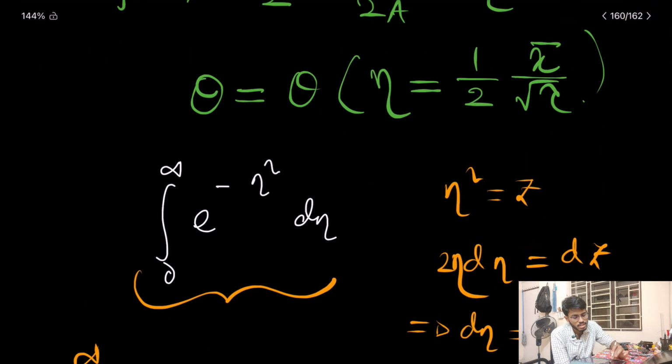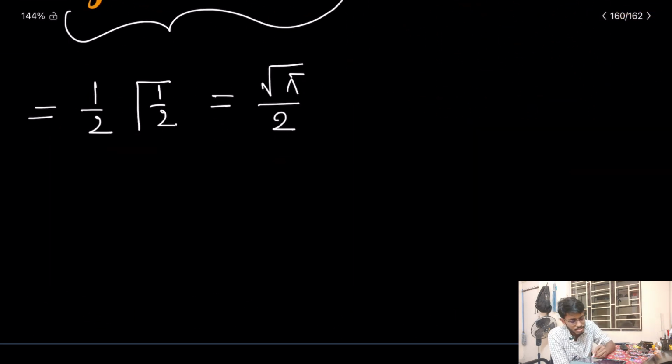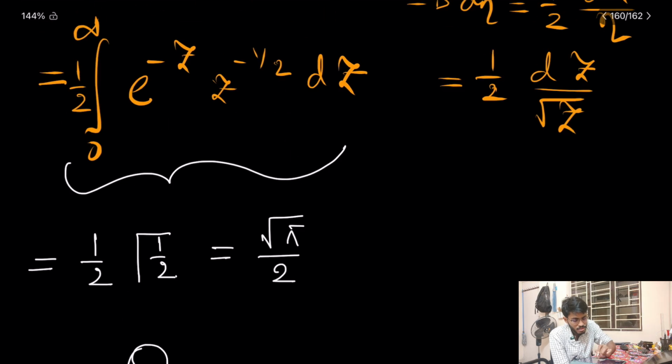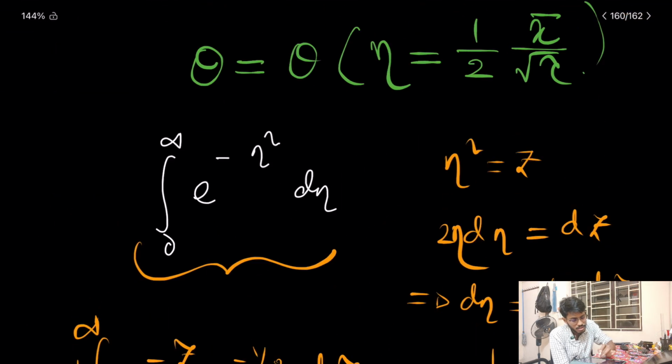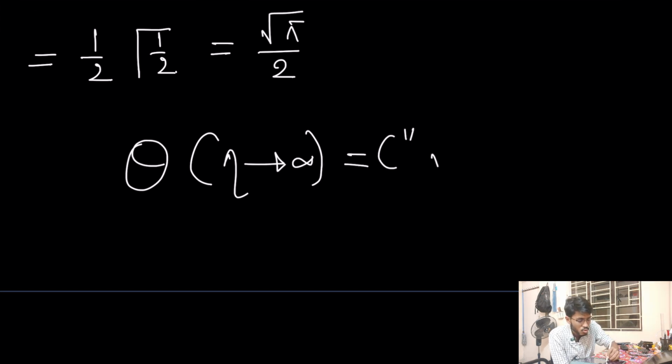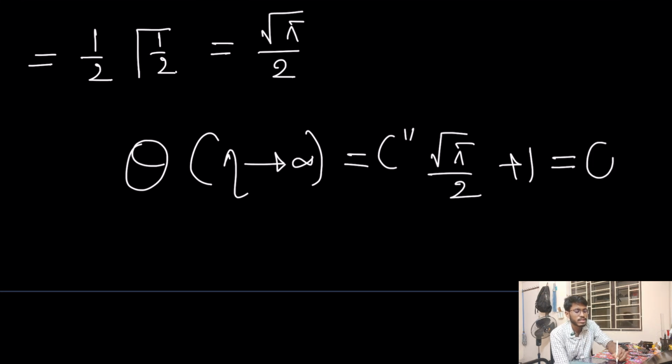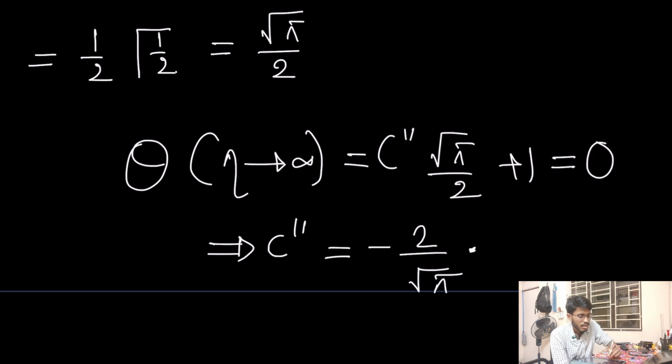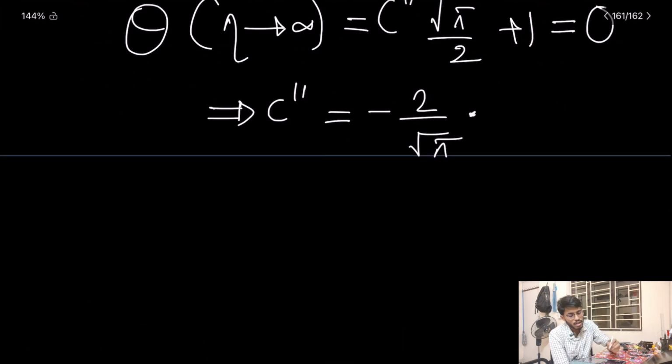That means my theta at eta tending to infinity becomes c double dash into root pi by 2 plus 1, but from the boundary condition I know that is equal to 0. That means my c double dash is equal to minus 2 by root pi. So I have got both the constants.